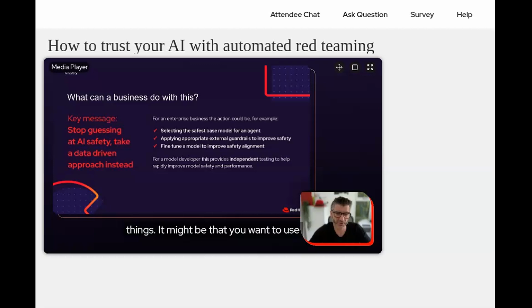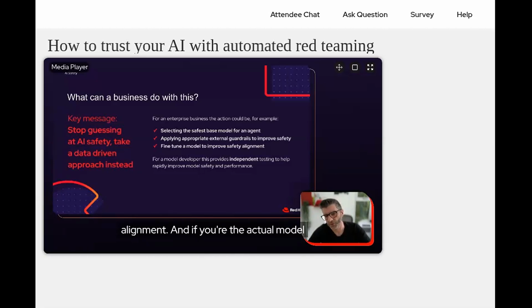It might be that you want to use this to select the safest base model for an agent. Maybe you've got a few models that all perform well and can run on your hardware, but you want to work out which is the safest to start from. It might be that you're applying appropriate external guardrails to improve the safety, and that's what we'll look at today. It might be that you say, well, okay, I've got a safe base model, but actually I want to fine-tune this a little bit more to improve safety alignment.